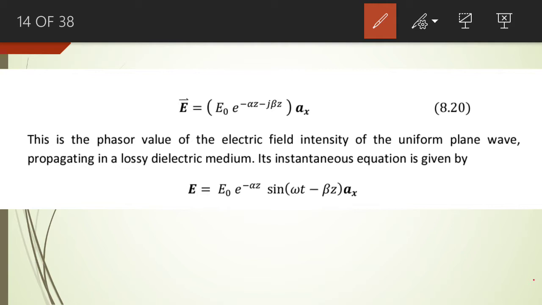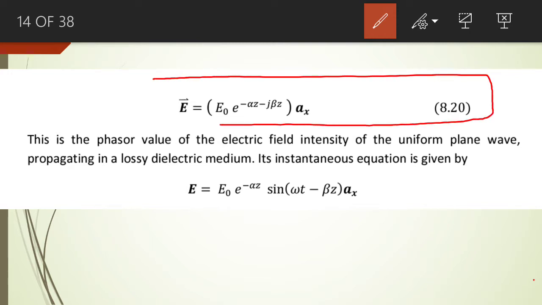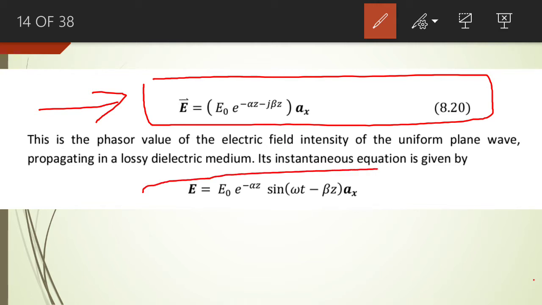We discussed the equation of the electric field intensity in the lossy medium in phasor as well as instantaneous form. So this is the phasor value of the electric field intensity in lossy medium, and here is the instantaneous value of the electric field intensity in a lossy dielectric medium.